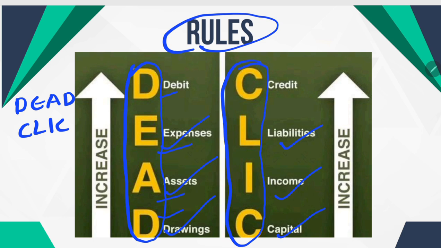So these items are debit items. And then you can read here CLIC: C for credit, L for liability, I for income, C for capital. So these items should be credited in the trial balance. This trick helps us remember the rules and prepare a trial balance easily.